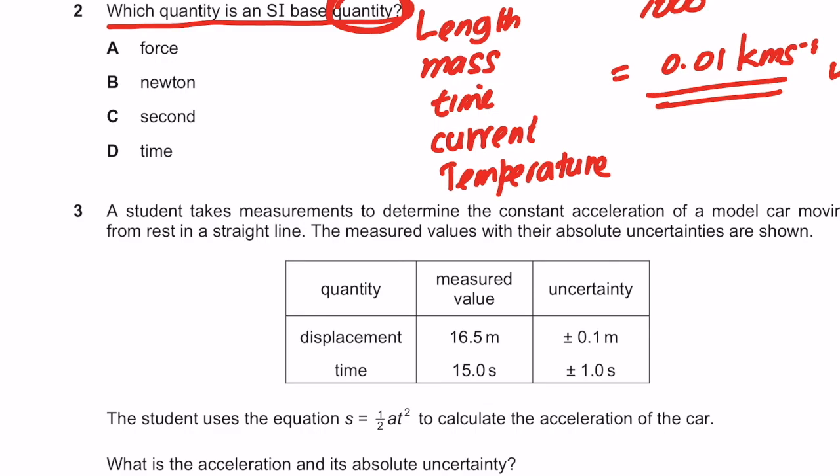Just check which one of these is given. Force, Newton. Second, be careful about second. Second is a unit. We are talking about quantity. So time, because time is one of the SI base quantities. So answer is D.